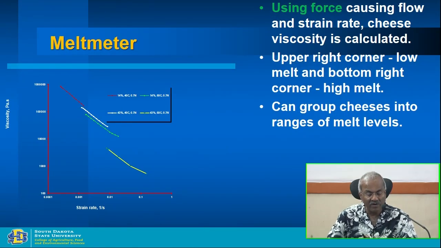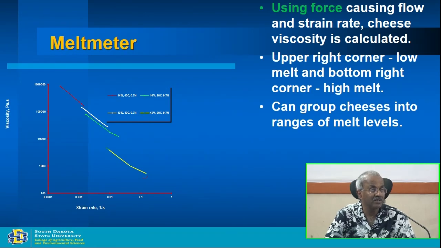So this kind of profiles you can create. If it is really fast or high melt, it is in the bottom right corner; low melt will be upper right corner. So if we have something here, that will be a low melt, and this is high melt cheese. This kind of profiles you can develop for different types of cheeses you may develop down the road, or whatever the industry is planning to do.